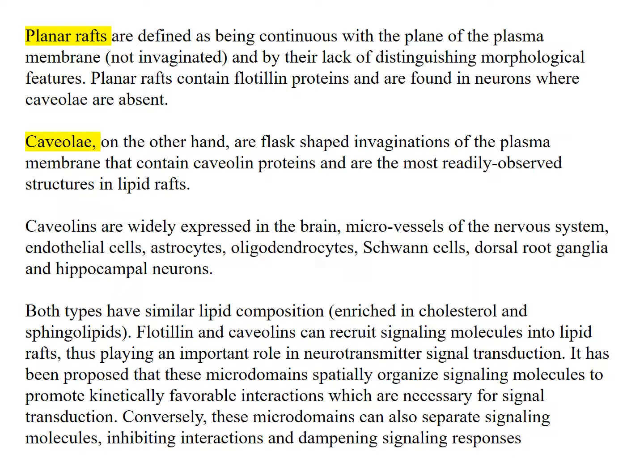They both have lots of cholesterol and sphingolipids, and flotillin and caveolins can recruit into the lipid rafts, and there's a neurotransmitter signal transduction that's thought to be involved in this structure here, and they have a lot of interactions that are basically needed for signal transduction. And we definitely want our nervous tissue to receive and generate signals. That's always a good thing.